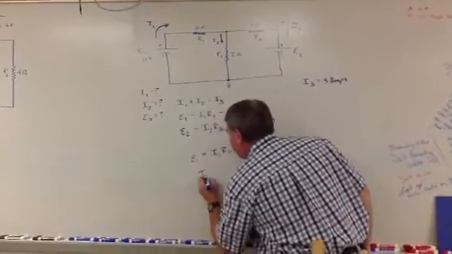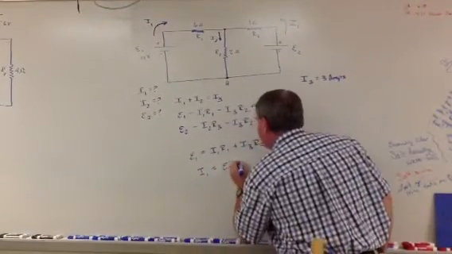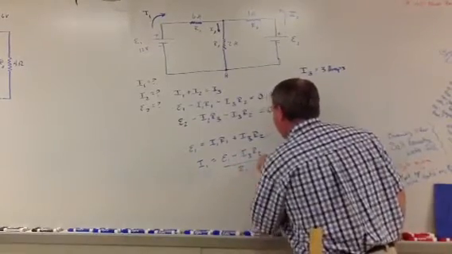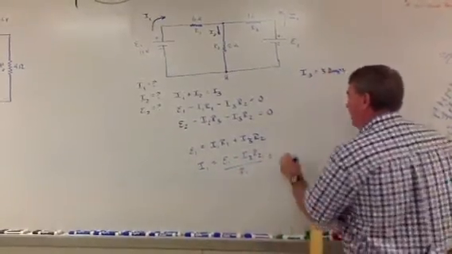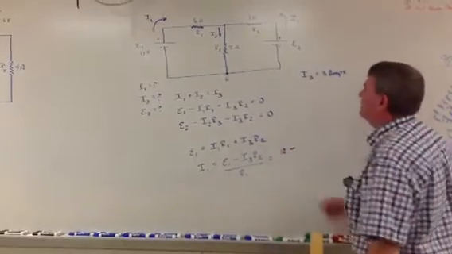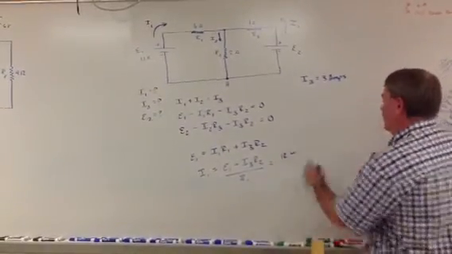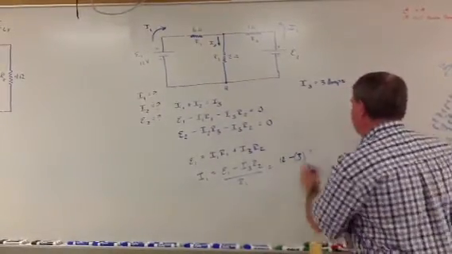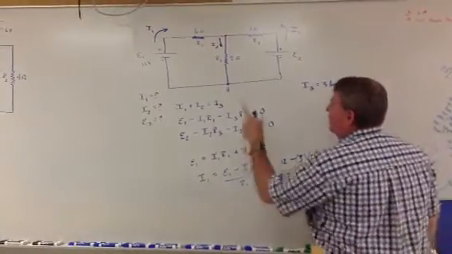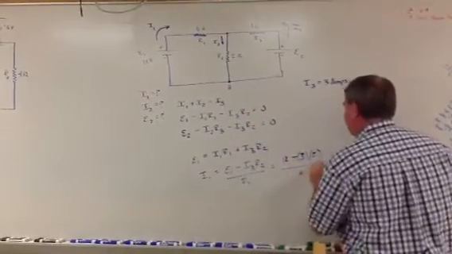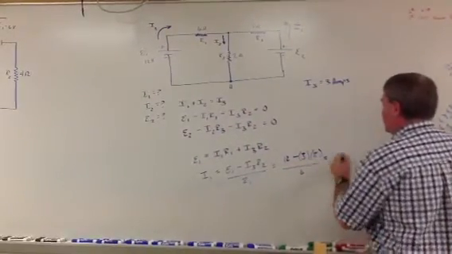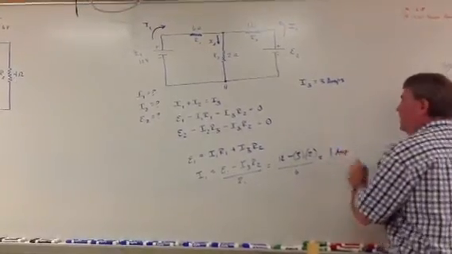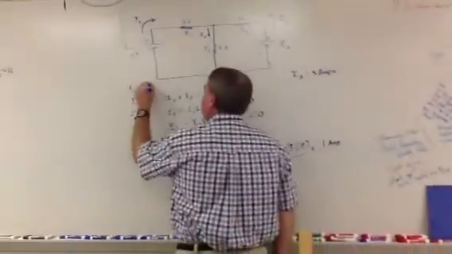So I1 is going to be equal to E1 minus I3R2 divided by R1. E1 is 12 minus I3 is 3, R2 is 2, and R1 is 6. So 12 minus 6 divided by 6, that's 6 divided by 6, that's 1 amp. And so now we know that I1 is equal to 1 amp.